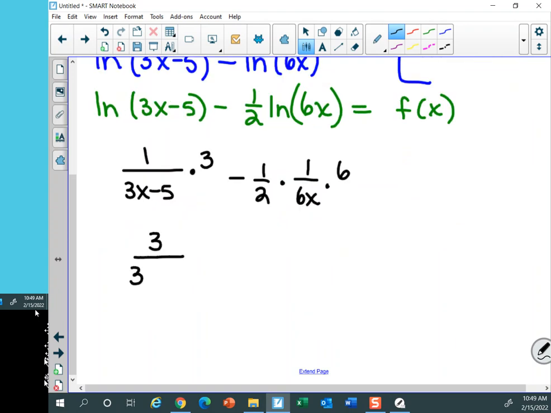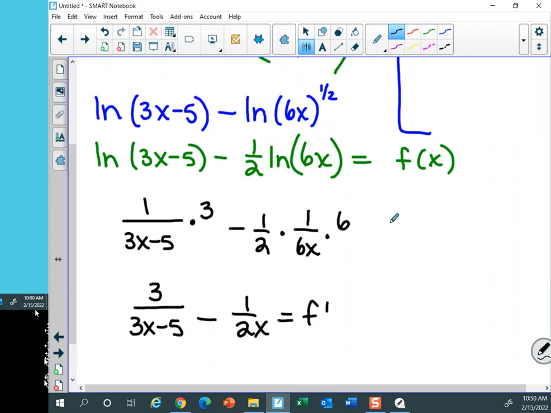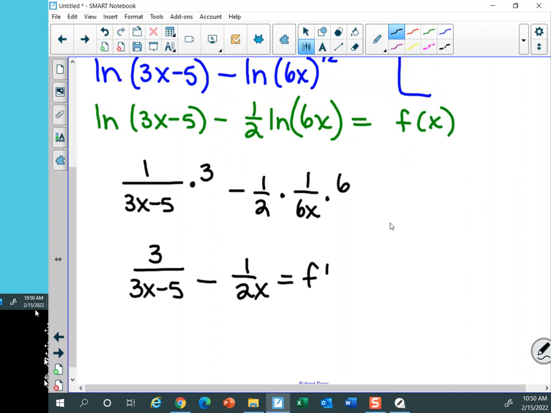So how about 3 over 3x minus 5 minus 1 over 2x. So here I'm still rewriting. This is me taking the derivative.